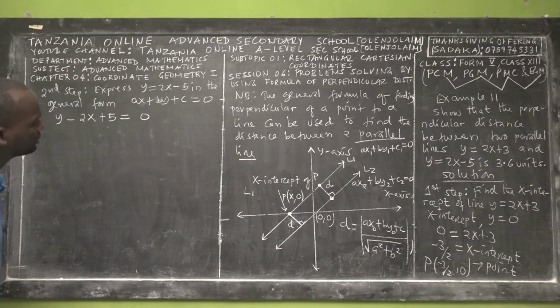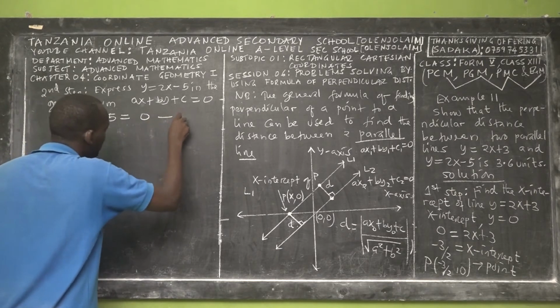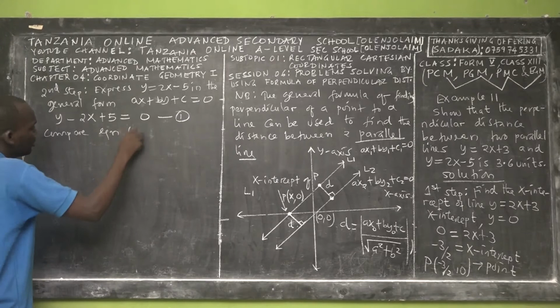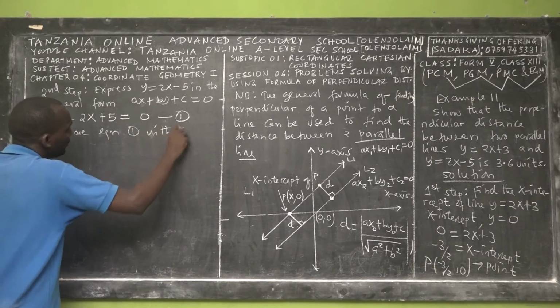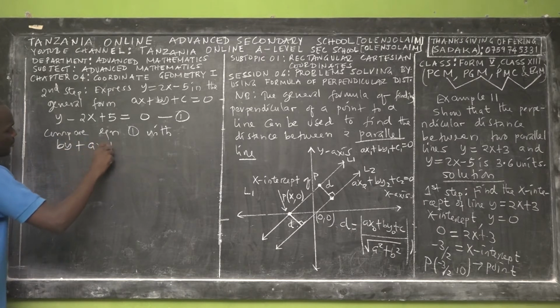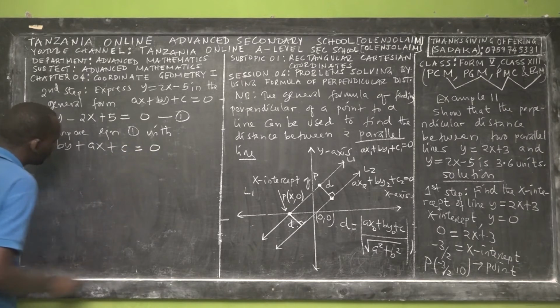So this is the case. We have to compare. Suppose that this is equation 1. Let us compare equation 1 with the standard expression, which is a x plus b y plus c is equal to 0.